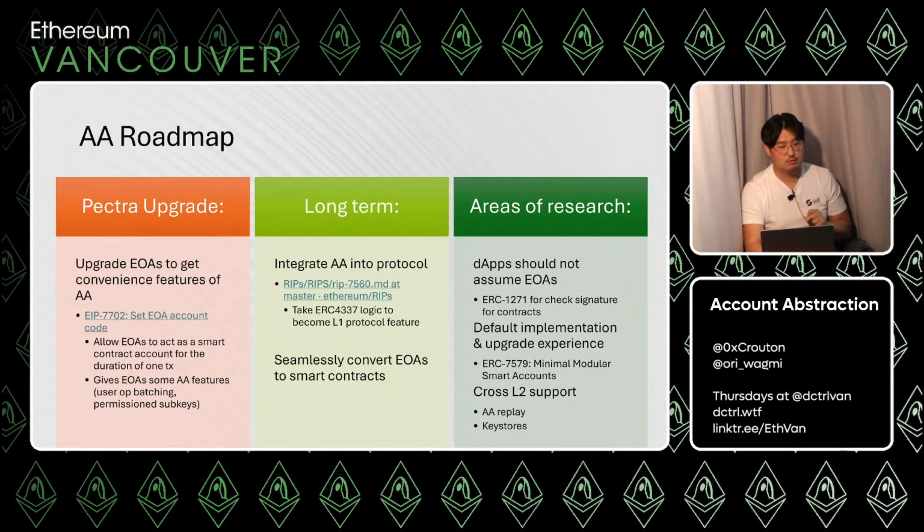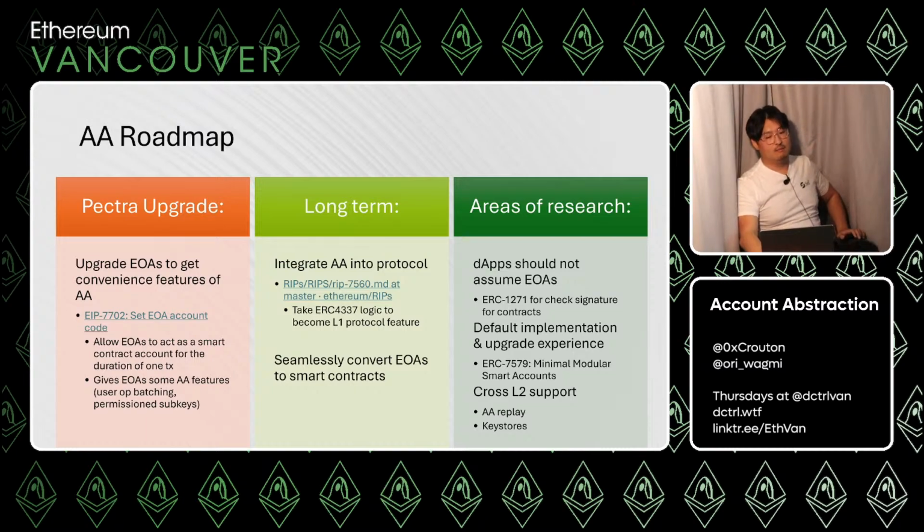And then some areas of research. Currently a lot of dApps assume EOAs. In their dApp, they will check if your code size is 0, to tell an EOA from a smart contract. And they will check the signature when you sign a message: can I recover the public key from the private key signed message and make sure that it's actually from the person?